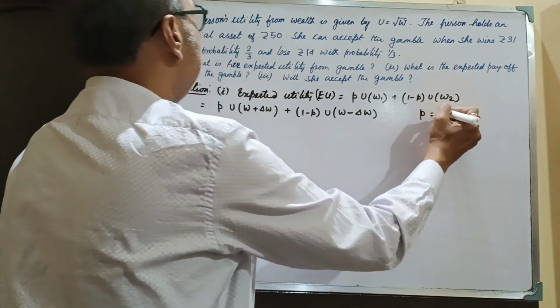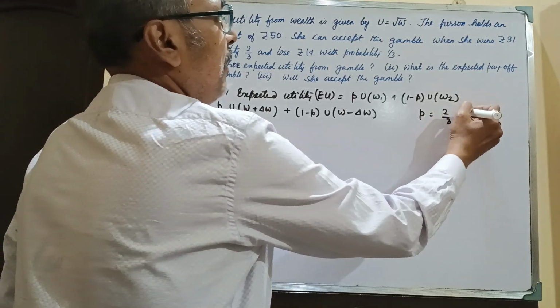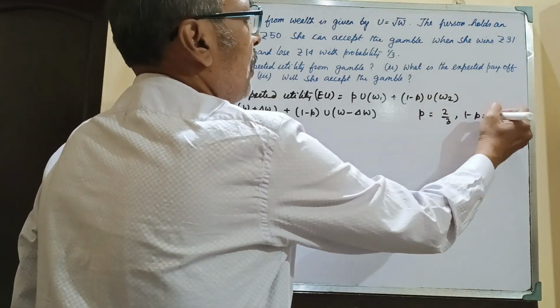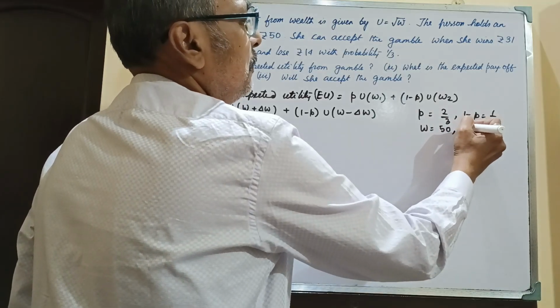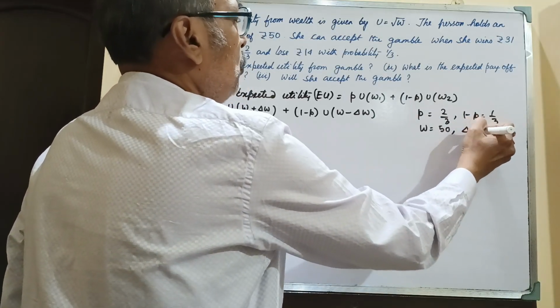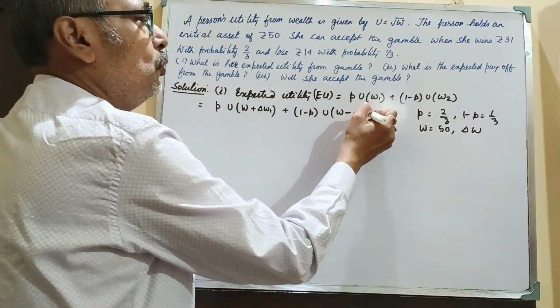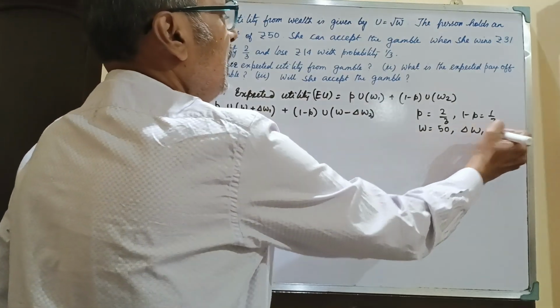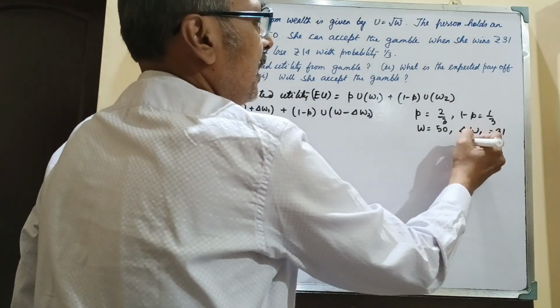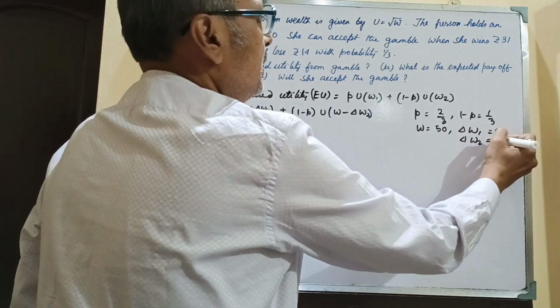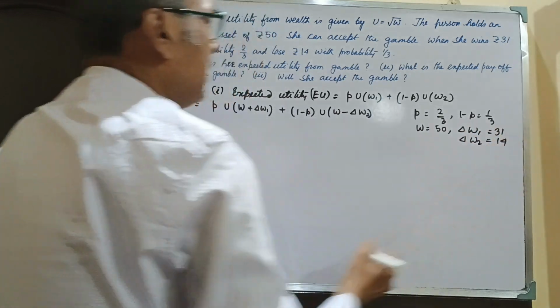P is given as 2 by 3 and 1 minus P is 1 by 3. W is 50. W1 is the win of 31 and delta W2 is 14.